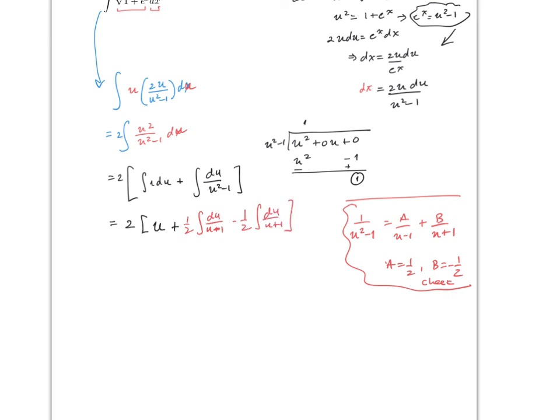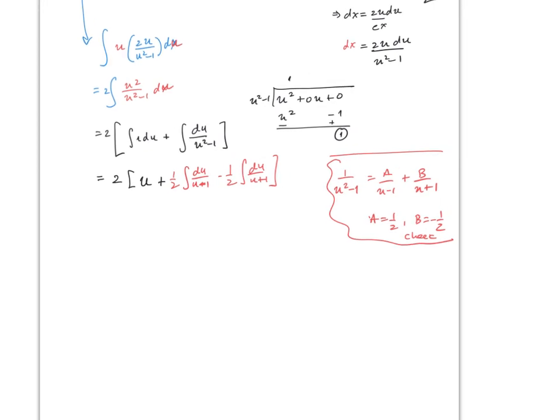Okay, and as you already know, these are very easy to integrate. So this will be 2u plus 1/2 ln of u minus 1 minus 1/2 ln of u plus 1. Okay, obviously everything plus C, and then you multiply everything down.